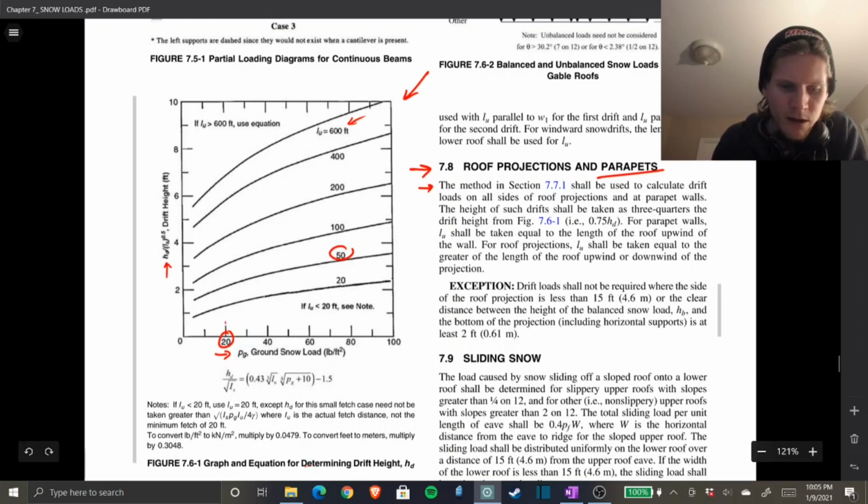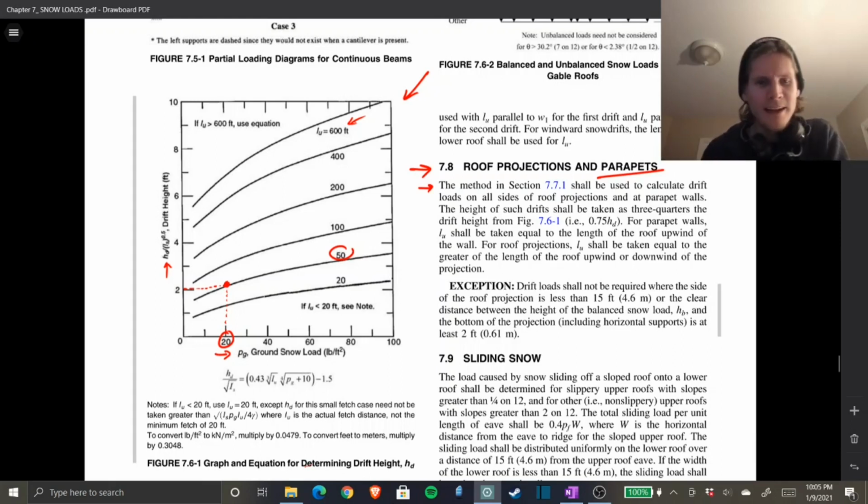So we're going to go up until we hit the line that has L sub U equaling 50. So right here. And then we're going to go across. I know I kind of sloped it down a little bit, but it aligns actually, if you were to put a ruler on it, with 2. So 2, but it's not just H sub D equals 2.